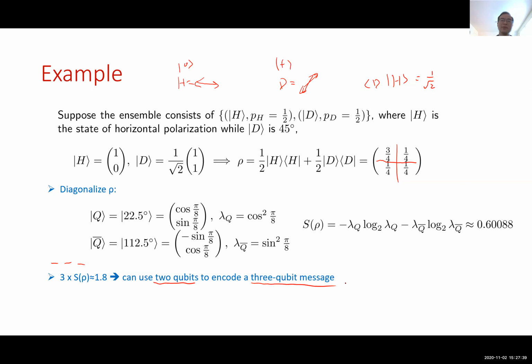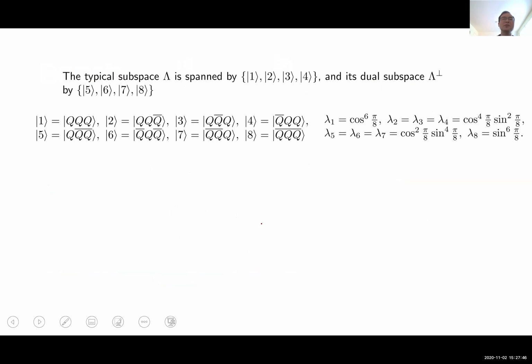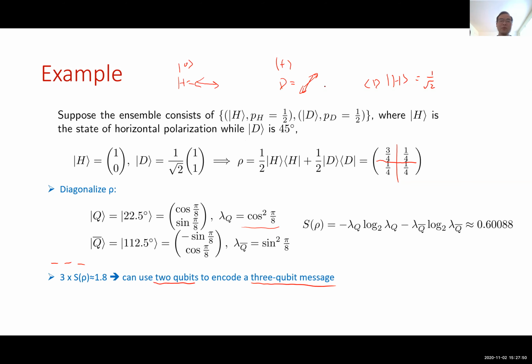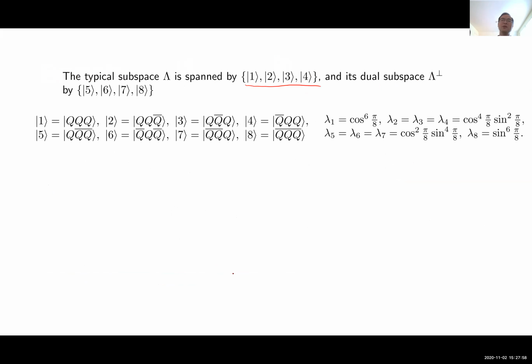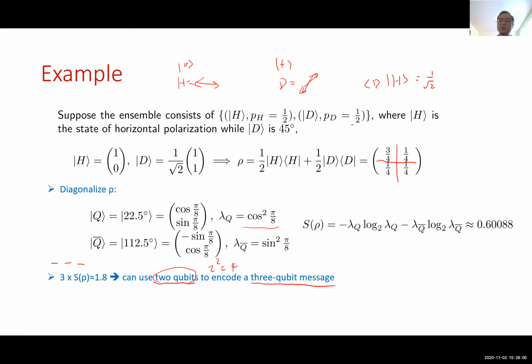And we also know the typical subspace. And here we're going to choose the typical subspace to have 4 states, because we want to use 2 qubits, right? So 2 qubits has 2 to the 2. So we're going to select the largest 4 eigenvalues to be in the typical subspace. You can see lambda q is greater than lambda q bar.